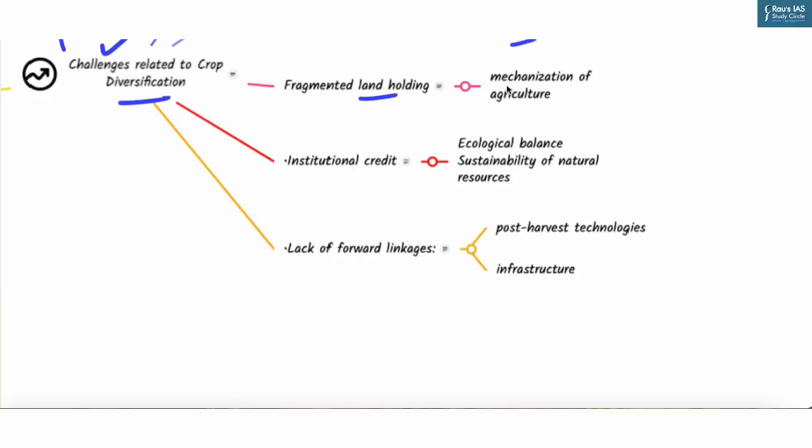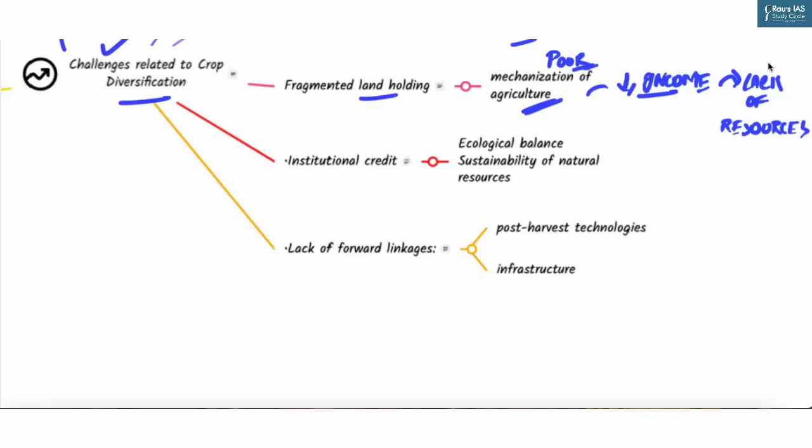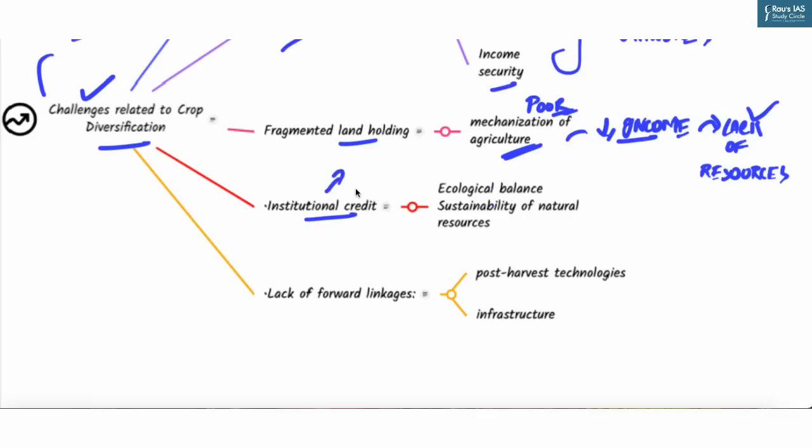Small and fragmented landholding along with poor mechanization of agriculture reduces income prospect of Indian farmers and thus results in lack of resources for diversification. Next is institutional credit. In this, lack of credit availability further exaggerates the impediments in crop diversification which in the long run will hamper the ecological balance.